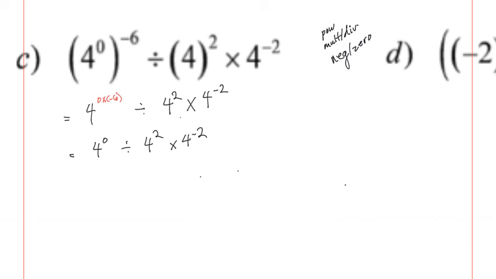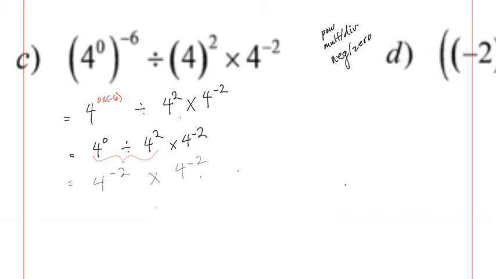So the first thing we're going to do is combine the 4 to the 0 divided by 4 squared. When we do the calculation, that's going to end up being 4 to the negative 2, because 0 minus 2 is negative 2. And then we bring down the last bit, 4 to the negative 2.